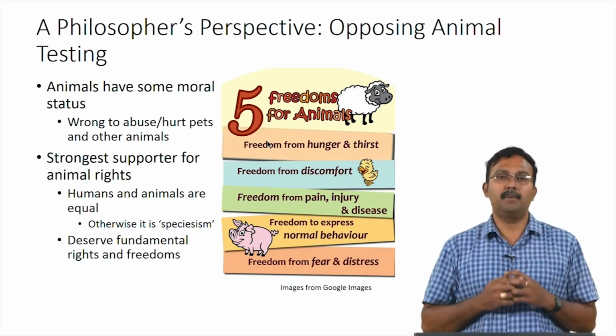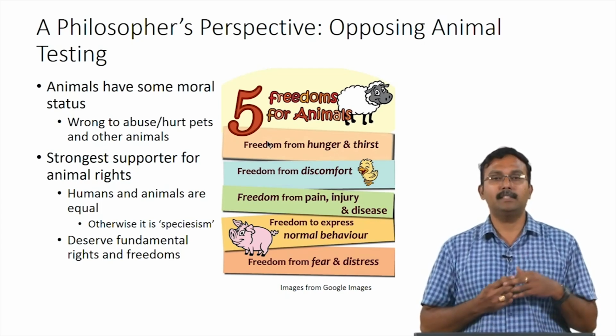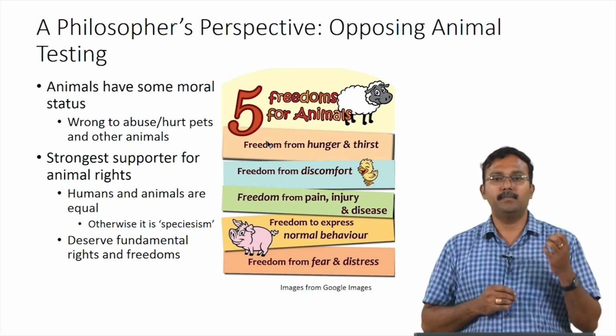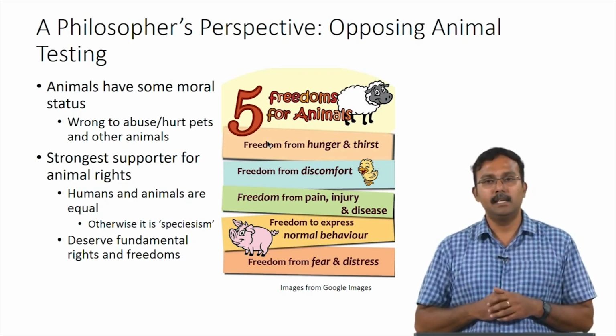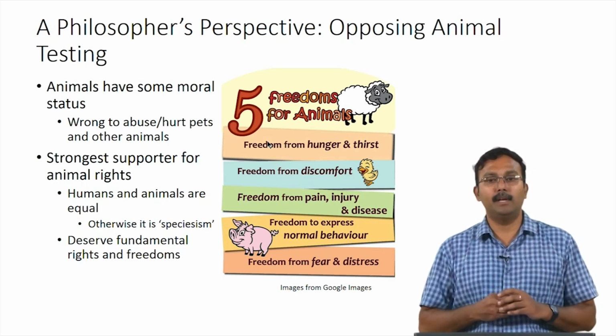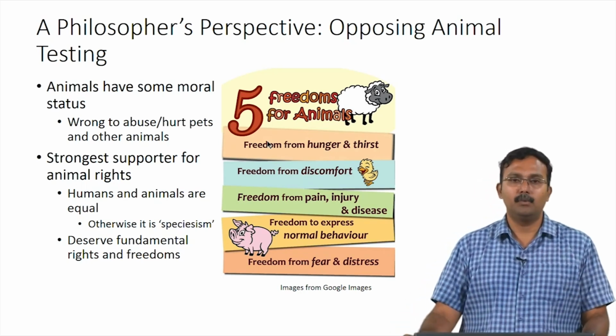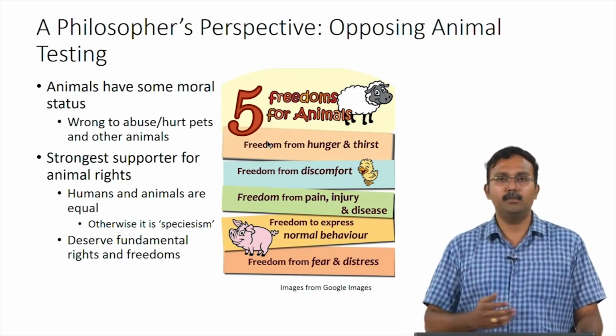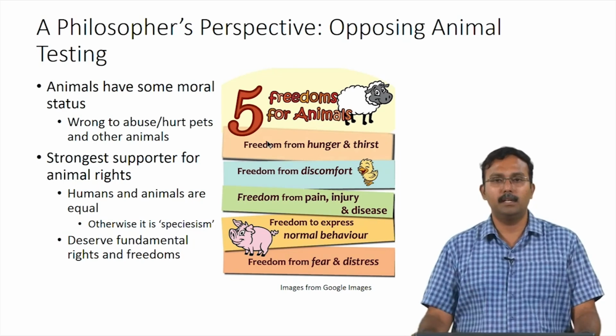They should have freedom from discomfort. So, we should not be causing pain and suffering for the animals. They should have freedom from pain, injury and disease. They should have freedom to express normal behavior. Whatever an animal would do regularly or as a normal animal should be allowed, and we should not interfere with it.